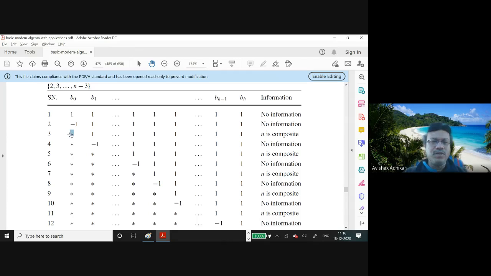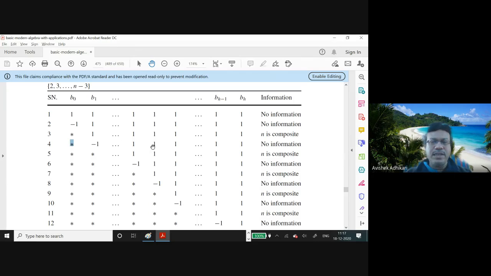Then it may happen that this value is non-zero, non-1, non-minus-1, but its square becomes 1. But once this square becomes 1, then all these values become 1, right? Or start with something not equal to 0, not equal to 1, not equal to -1, and suppose its square becomes -1, then after all stages that becomes 1, and so on. So this is basically the starting point.